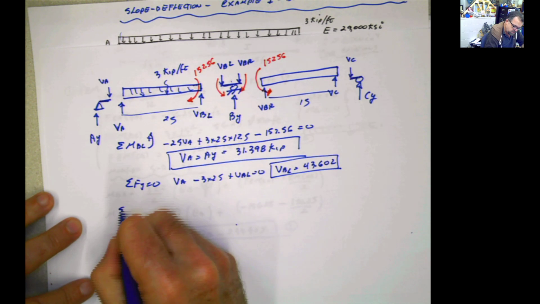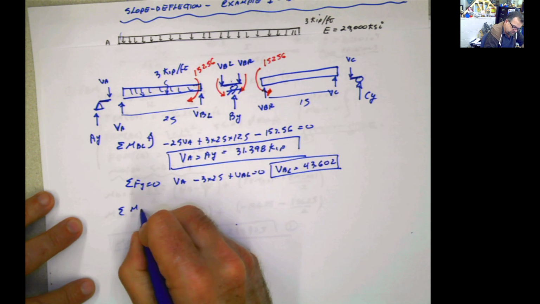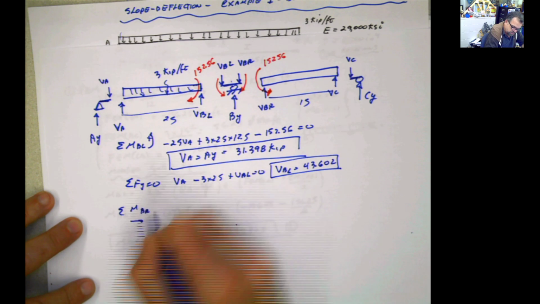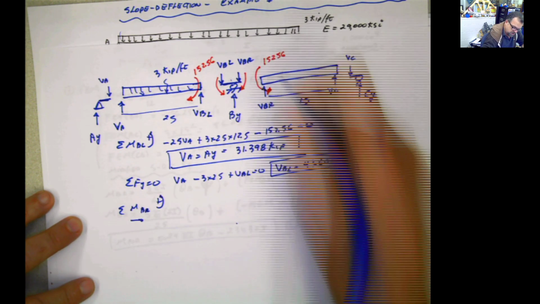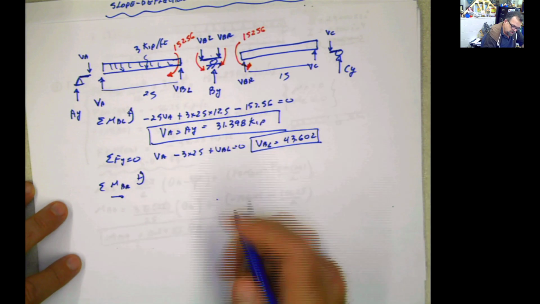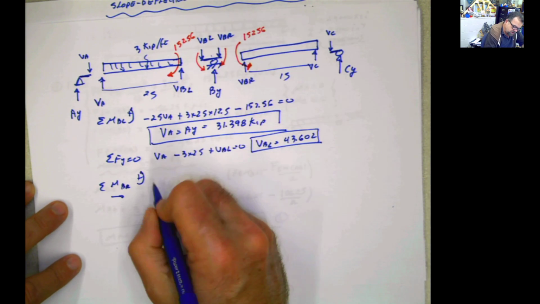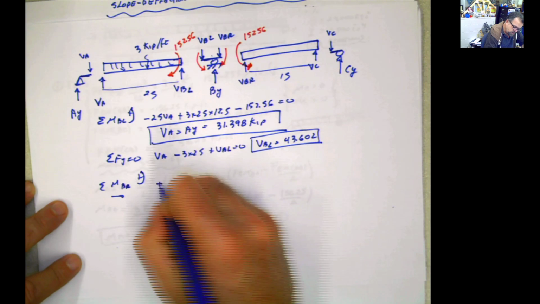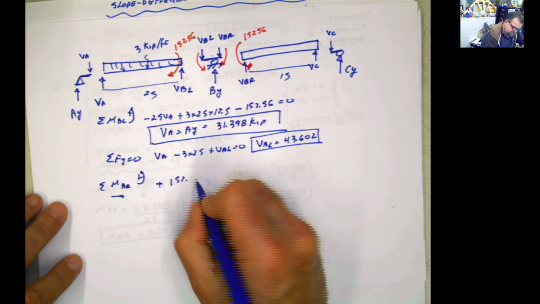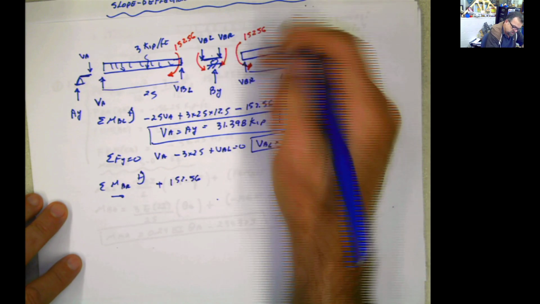I can do summation of moments at B to the right, using this section here, and then you can calculate CY. You can say positive 152.56, this one.